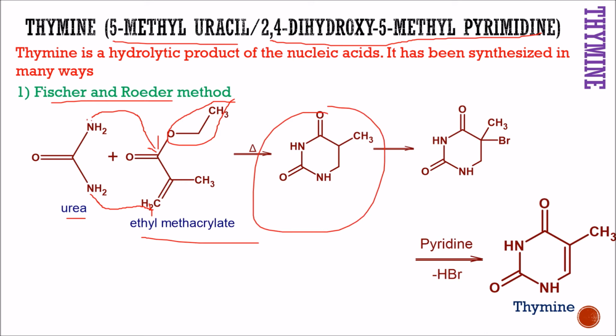Again here in presence of Br2, bromine is attached on carbon number 5 over here, and after reaction in presence of pyrimidine, it releases as minus HBr. H is released from the next adjacent carbon atoms and forms a double bond over here and forms a structure of thymine.